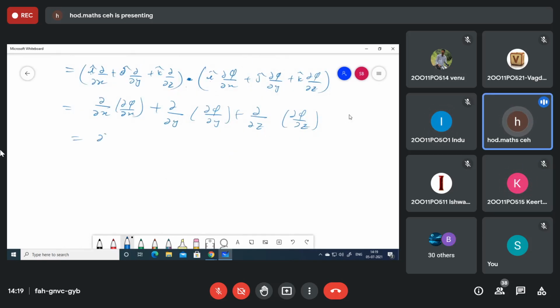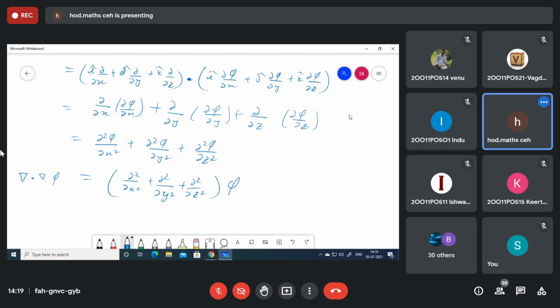Now this is nothing but dou square phi by dou x square plus dou square phi by dou y square plus dou square phi by dou z square, which again I can write as dou square by dou x square plus dou square by dou y square plus dou square by dou z square of phi. Can I write? Yes, ma'am. And this side it is del dot del phi. So this is nothing but del square phi.